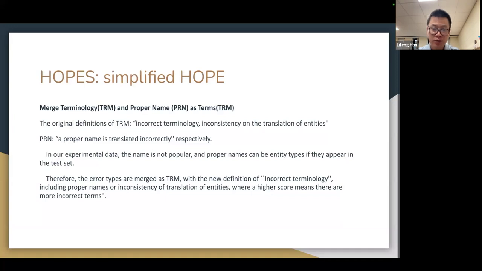In our experimental data, the names are not popular, and the proper name can be an entity type if they appear in a test set. So the error types were merged as term together, and we defined it as incorrect terminology, including proper names or inconsistency of translation of entities, where a higher level means there are more incorrect terms.